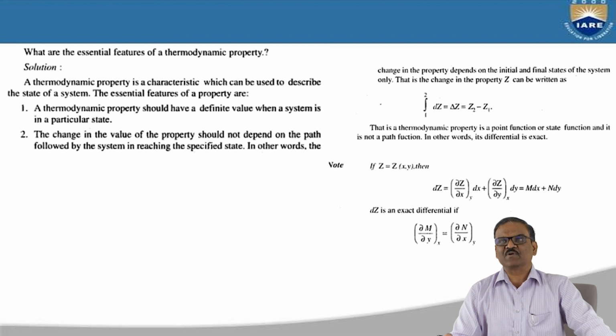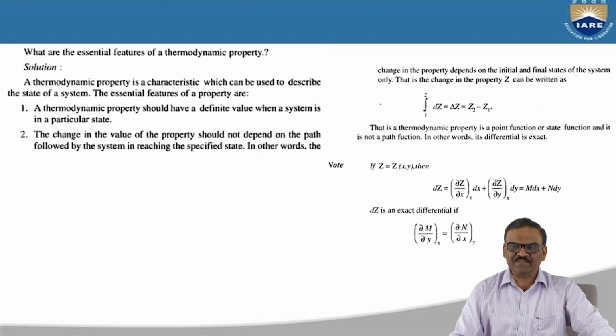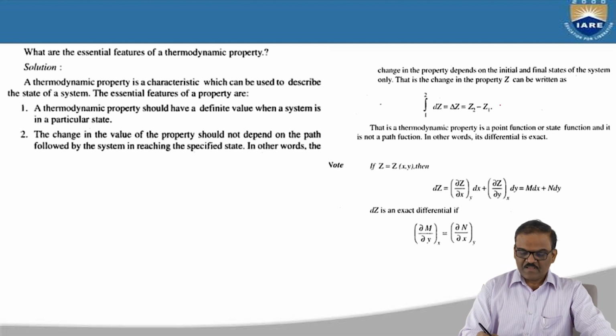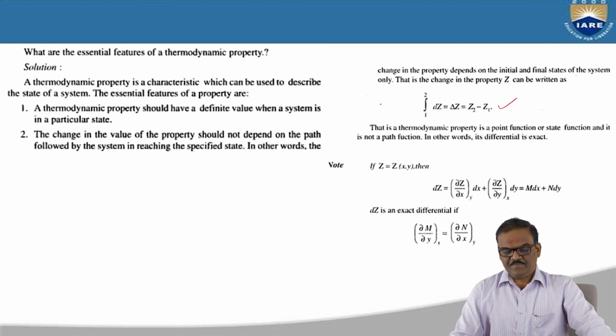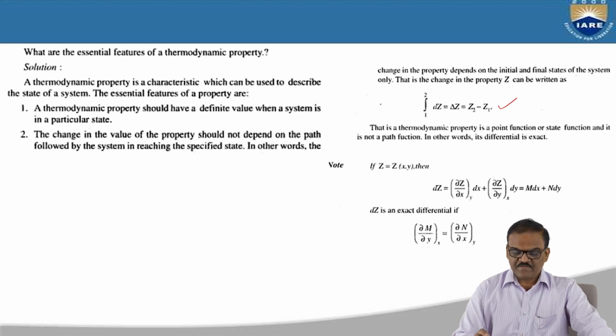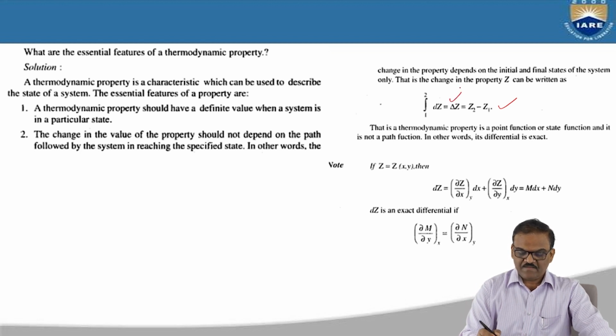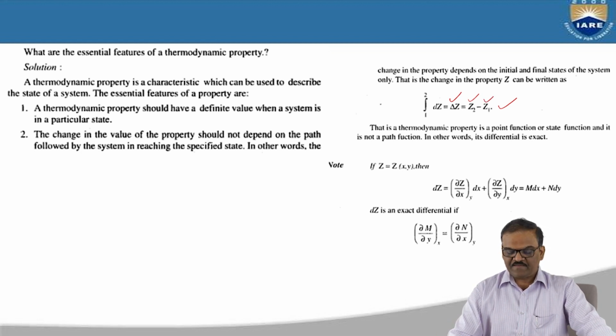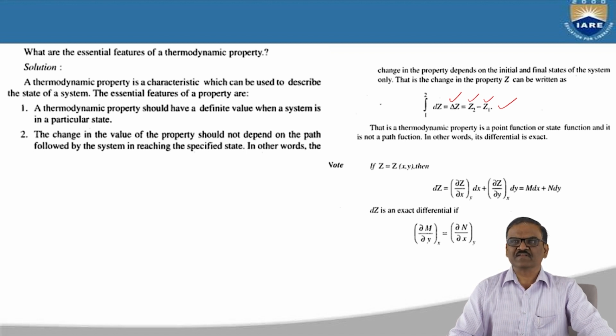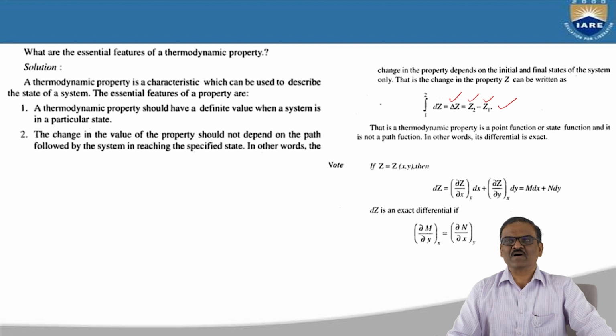That is, the integral of dz from state 1 to state 2 is delta z, z2 minus z1. That is, a thermodynamic property is a point function or state function, and it is not a path function.